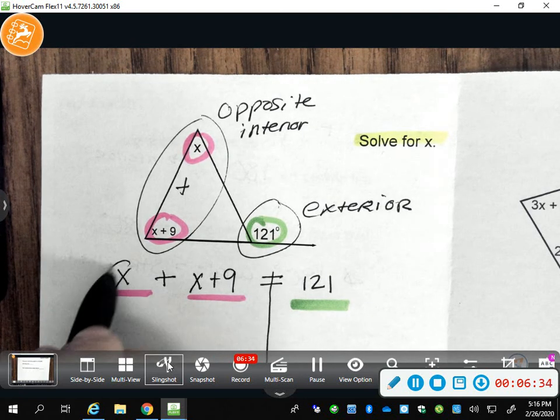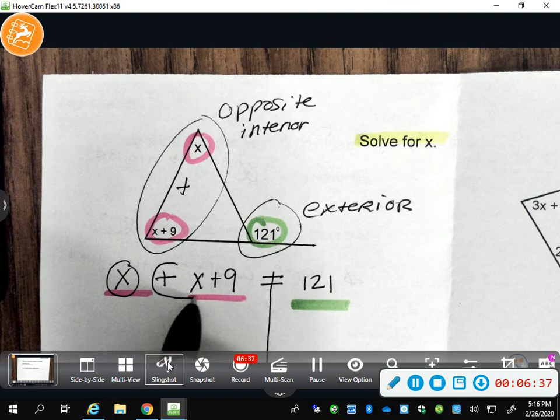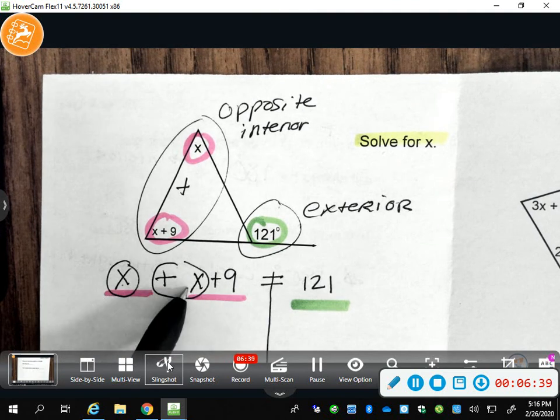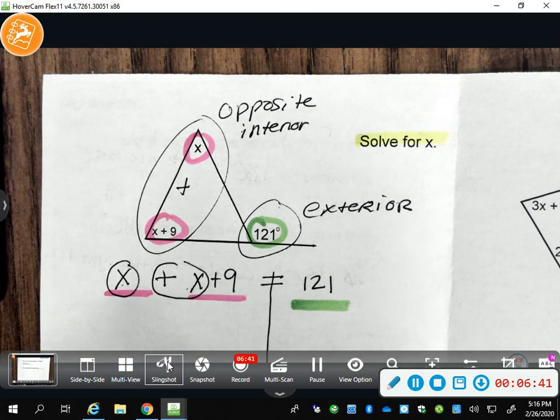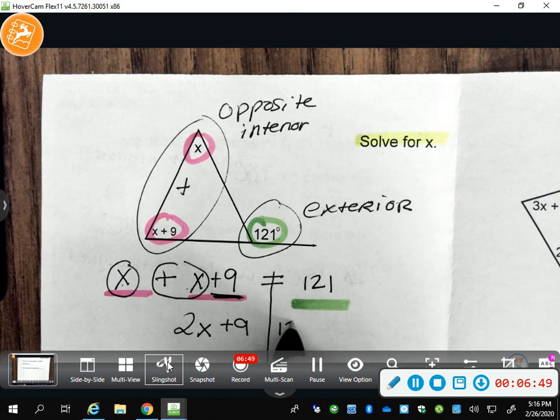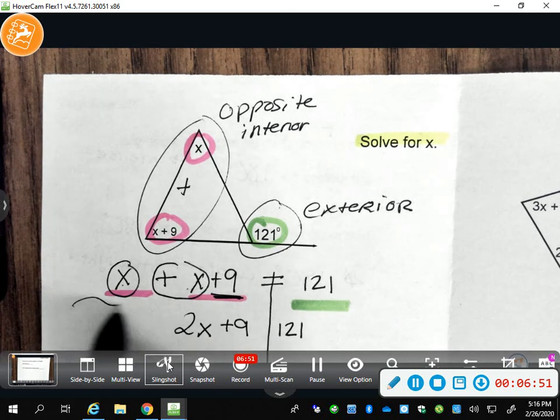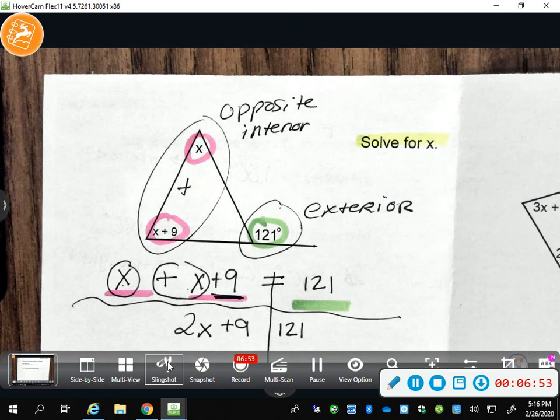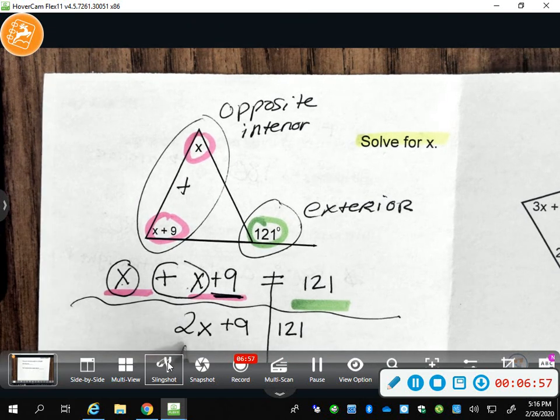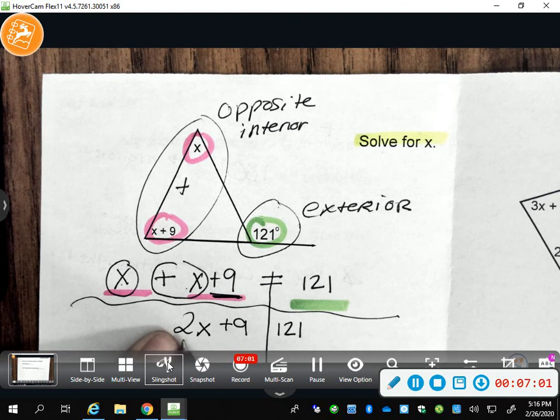We'll first combine all of our like terms. On the left side, my like terms are x and x. X plus x is 2 x's. And I still have a plus 9 on the left side. On the right side, we have just the one term, 121. My goal is to get x all by itself. Before I do that, I need to make sure x's are all on one side. All of my x's are on the left side of the equation.